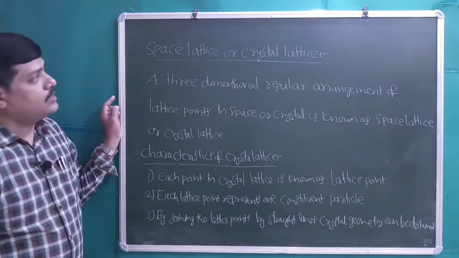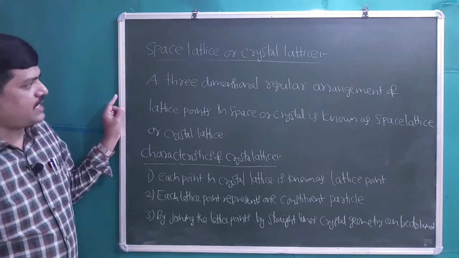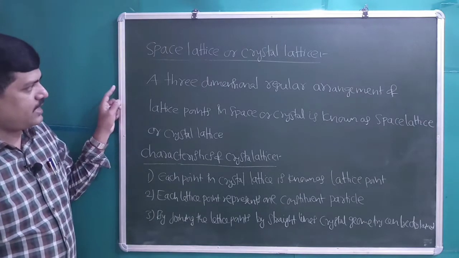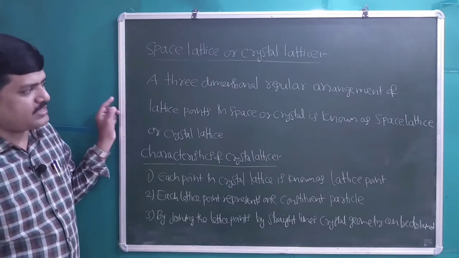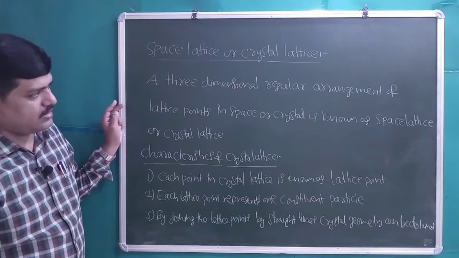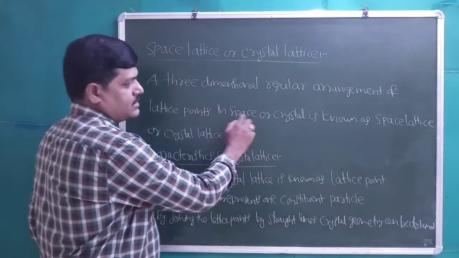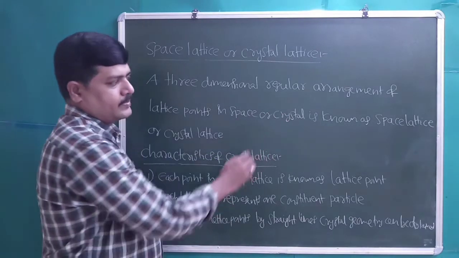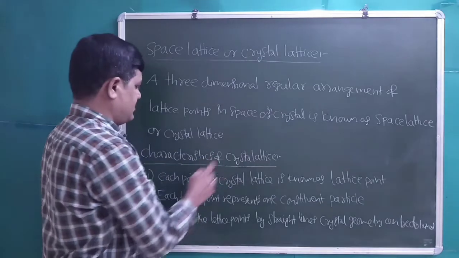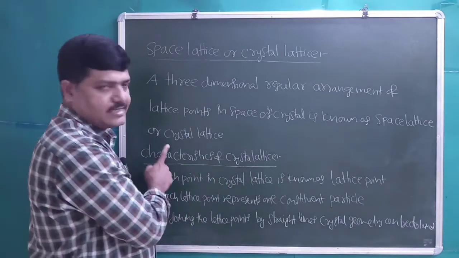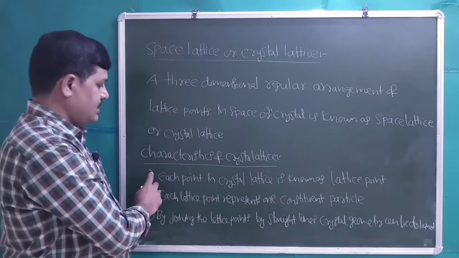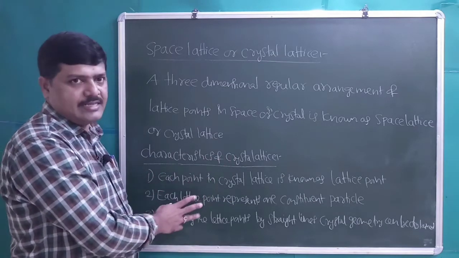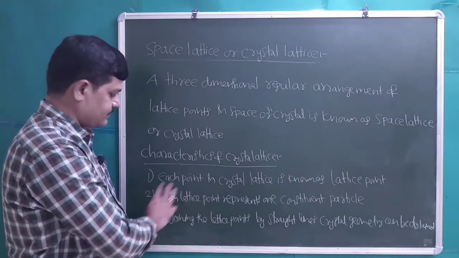Students, space lattice or crystal lattice is a three-dimensional regular arrangement of lattice points in space or in crystal. The characteristics of crystal lattice are: each point in the crystal lattice is known as a lattice point.